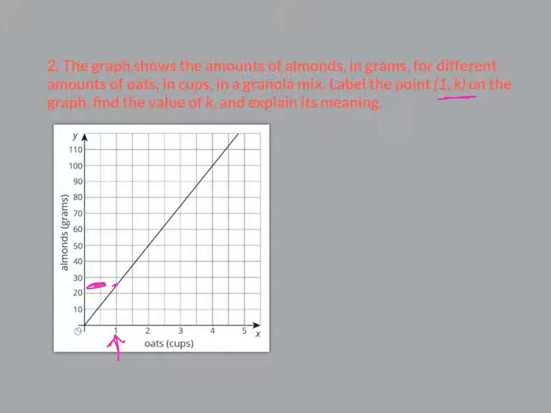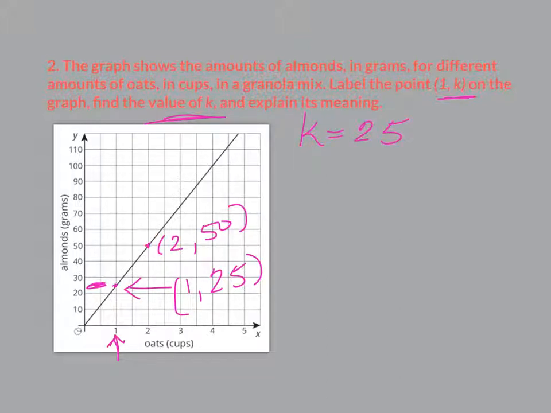And it does look like if I look straight across, it appears to be right at 25. But the way that I would go about checking that would be to go to 2 and see that it's an exact point right there. That point is 250. So that tells me for sure that this point is 125, and that therefore K is equal to 25.